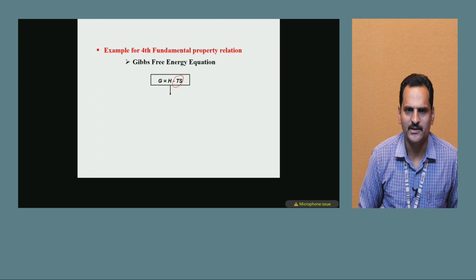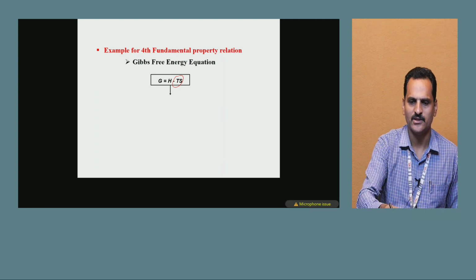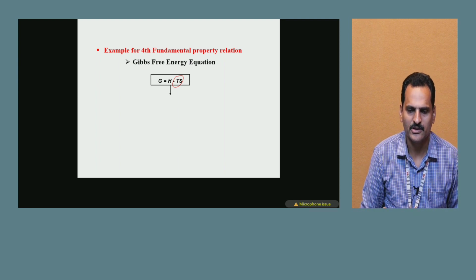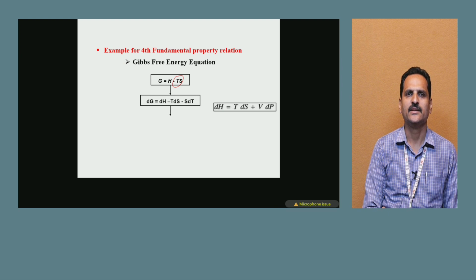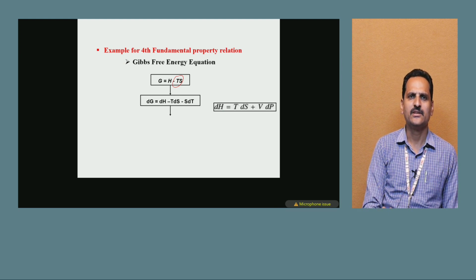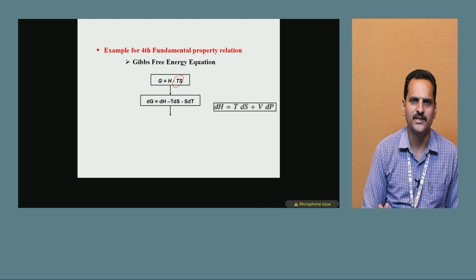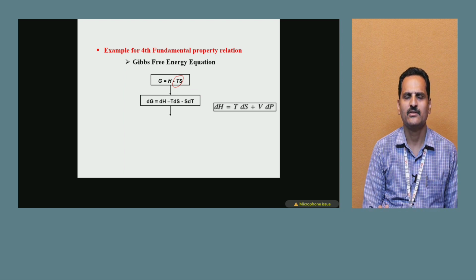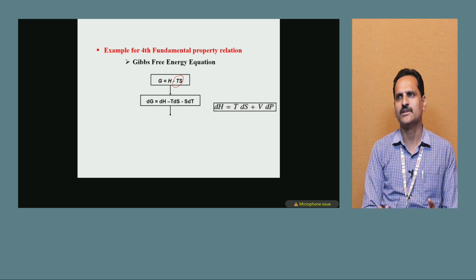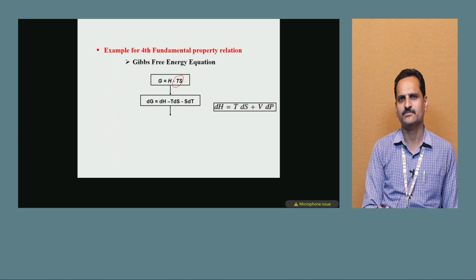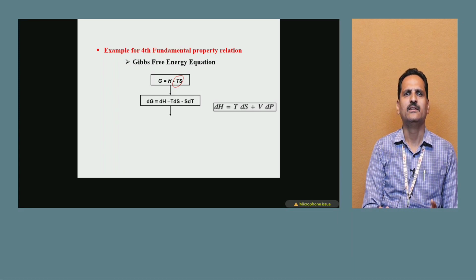So let's apply the differential form to this mathematical statement of Gibbs free energy. We get dG is equal to dH minus TdS minus SdT. Similarly, what we discussed in the previous example, applying the differentiation form of TS, d of TS is equal to TdS plus SdT.